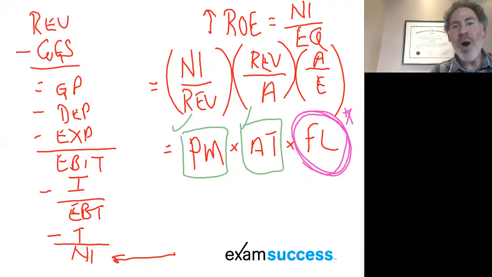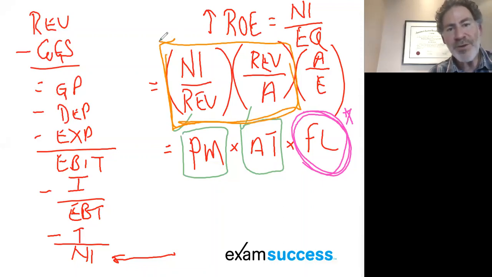So I think that what CFA Institute's going to do is play around with this concept by grouping some of these terms together. And a very common grouping of these terms, okay, I'll get another color here, I hope we can see this, is to group the first two.